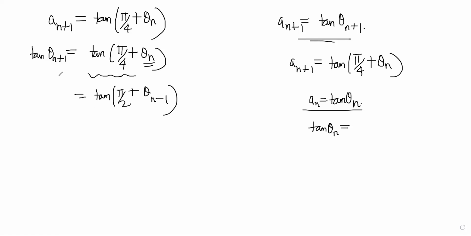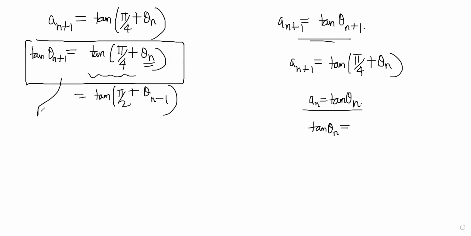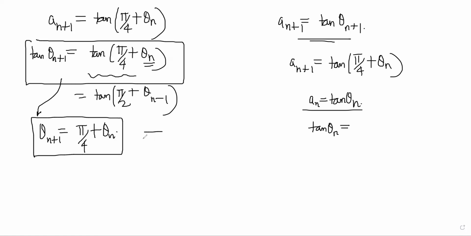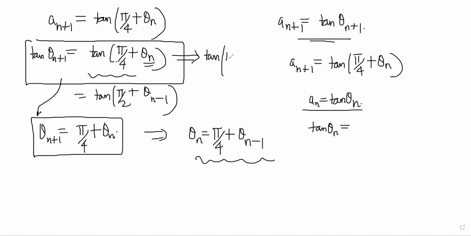okay, right. So from this statement itself, what is obvious is theta n plus 1 is equal to pi by 4 plus theta n, right? So that implies that theta n is equal to pi by 4 plus theta n minus 1, right? And therefore, when I write here tan of pi by 4 plus theta n, I can write it as tan of pi by 4 plus, instead of theta n, pi by 4 plus theta n minus 1, right?